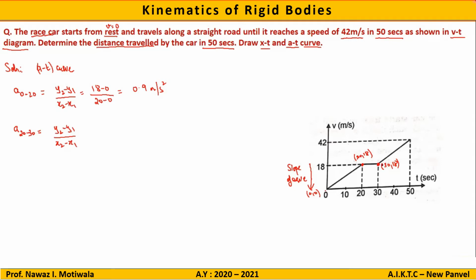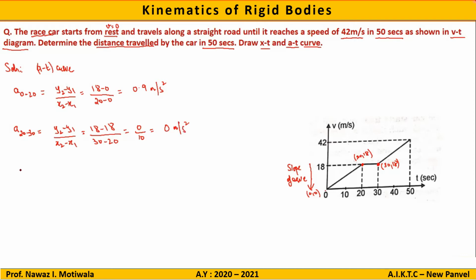Now y2 minus y1 will be 18 minus 18, divided by x2 minus x1, which is 30 minus 20. So it will be 0 by 10 and the answer will be 0 meter per second square.